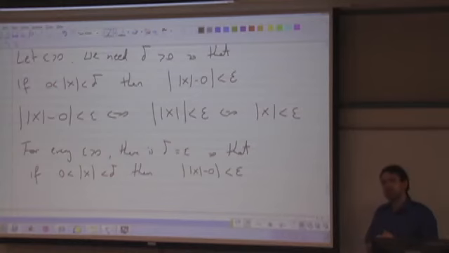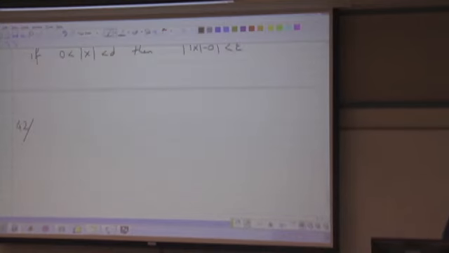We talked about it on Wednesday. 42 and 35. Notice we managed to pass the number of problem versus the number of page. Later on, that's not going to happen anymore. Limit as x goes to 9 minus of the fourth root of 9 minus x is equal to 0.